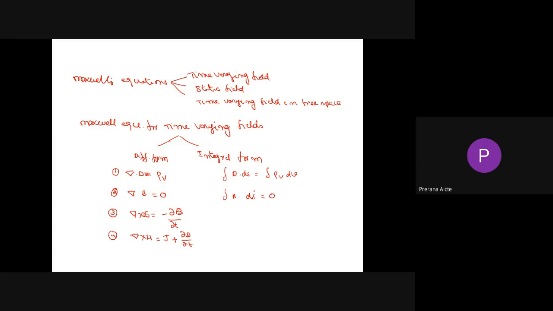The third, integral of E dot dl is equal to minus dou by dou t of the integral of B dot dS. And the fourth, integral of H dot dl is equal to the surface integral of J plus dou D by dou t, dot dS. This one is a volume integral, and these are surface integrals.